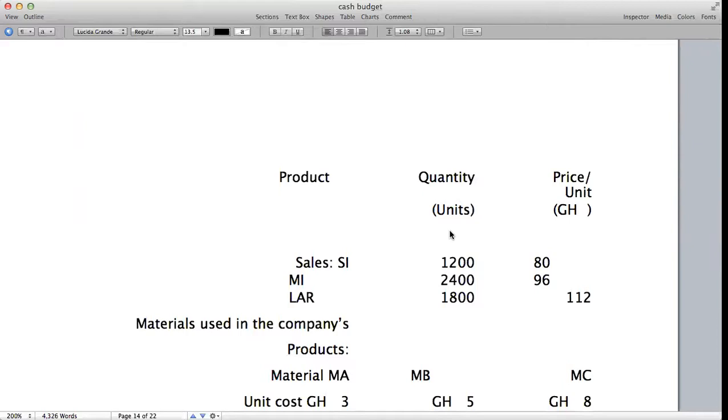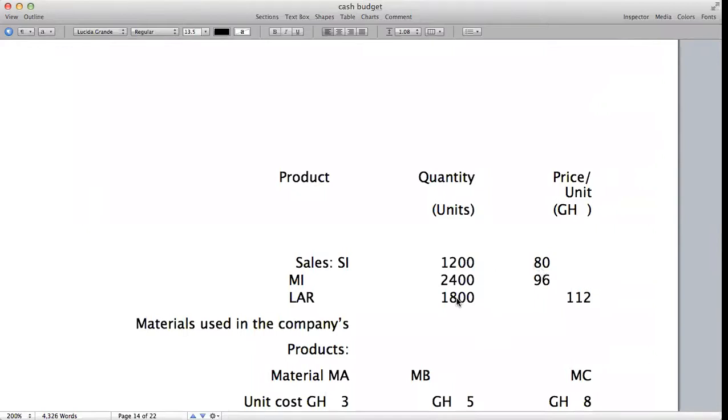They tell us that for product SI, they can only sell 1,200 units. So all the other budgets should depend on the 1,200 units. Even if they can produce more than 1,200, they shouldn't, because that's the only quantity they can sell for that year. And then the various selling prices are as follows: 80 Ghana cedis per unit, 96 and then 112. So basically that's the sales budget.